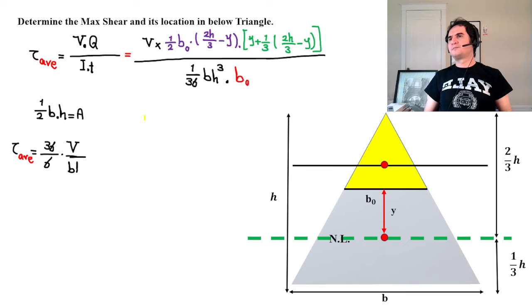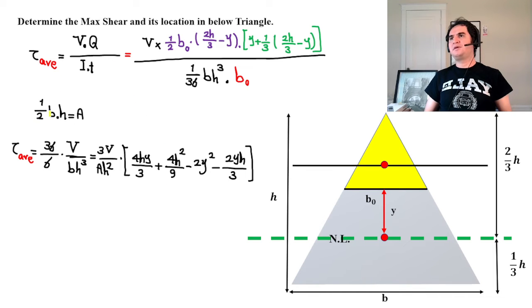If you do so, and at the same time, the area for the whole entire triangle is a half of b times h, and tau average, if you rearrange the equation, bring 36 from the denominator to the numerator, it's 36 over 6, and it just gives you this equation.